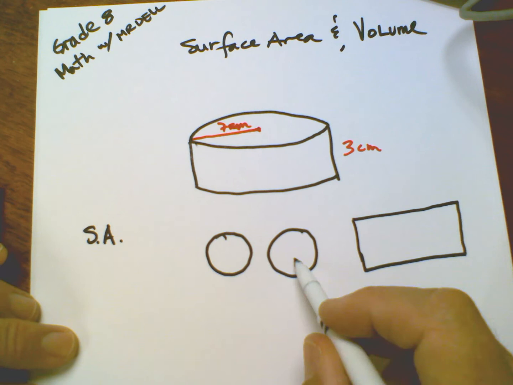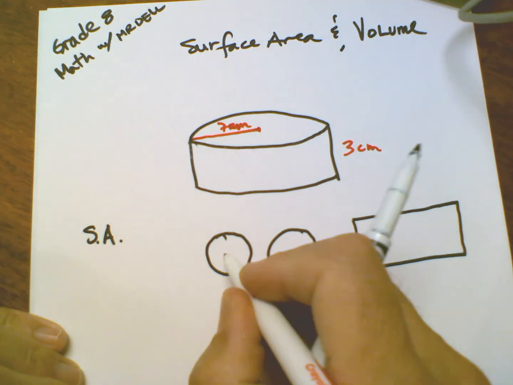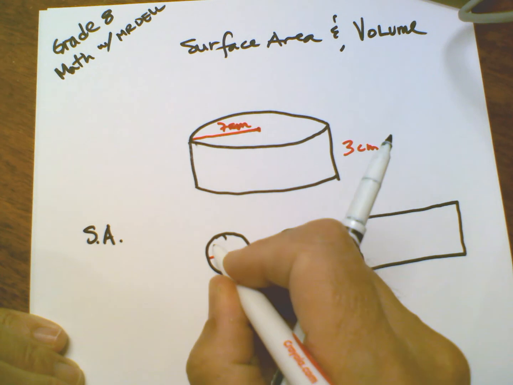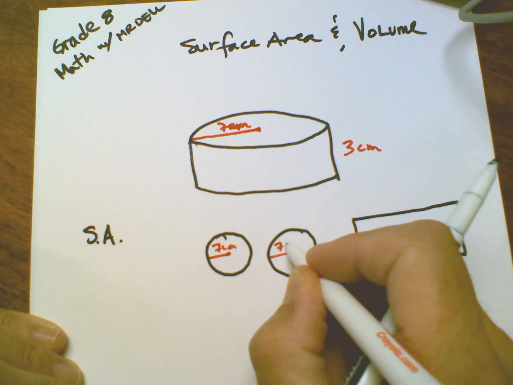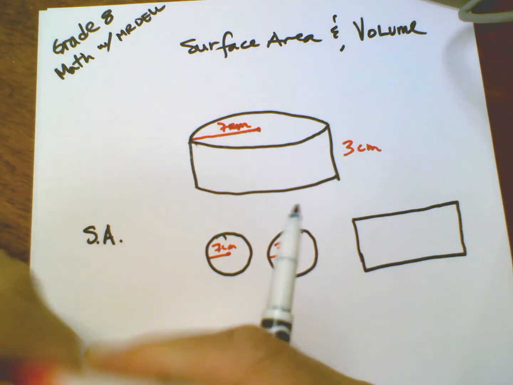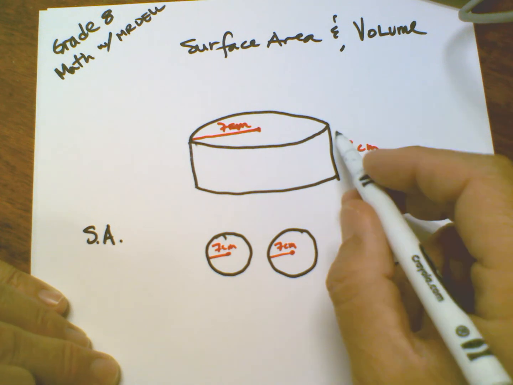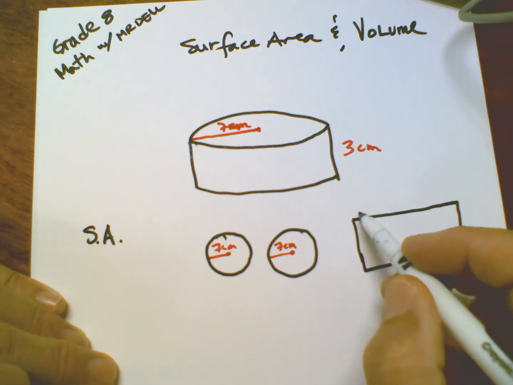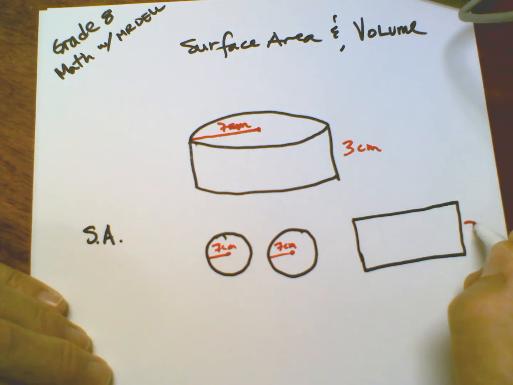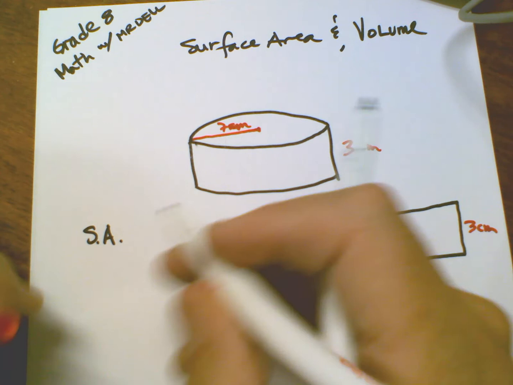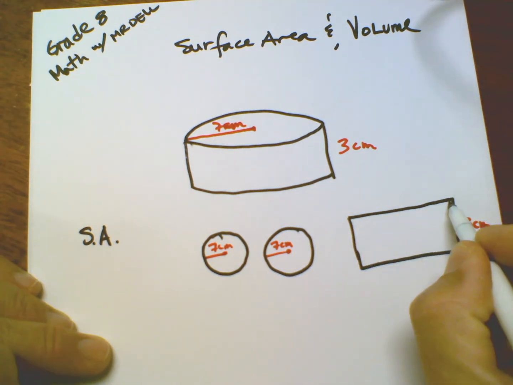So I need to find the area of each of those pieces. First of all, again, this is 7 centimeters for the radius of each of the circles. And then I know the height of this rectangle, or the width of that rectangle, is still 3 centimeters, because if you unravel it, that's what it is. The question is, what is that length? We have to find that length.